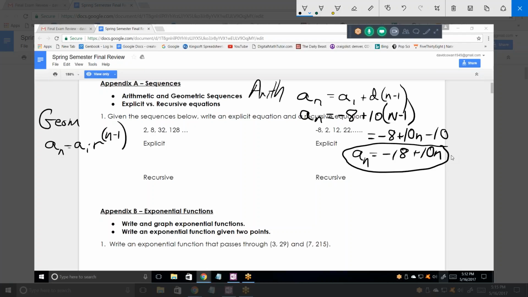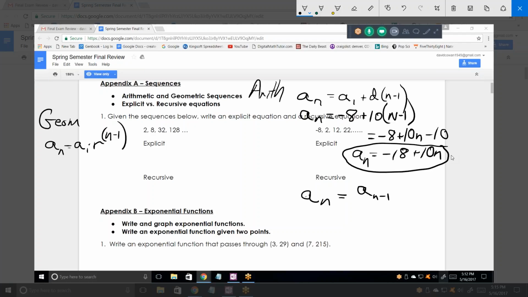Now, the recursive is a word that is, we're going to define the nth term in terms of the nth minus 1 term. Okay? Instead of defining it in terms of the first term, we're going to let it be something with regards to the previous term.